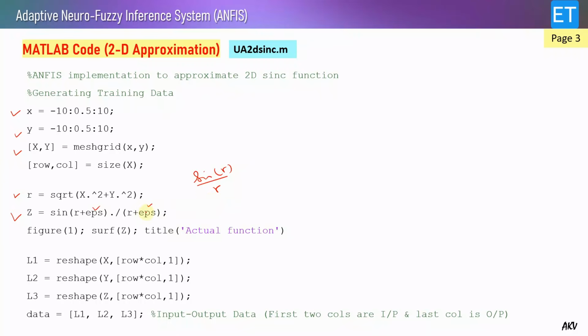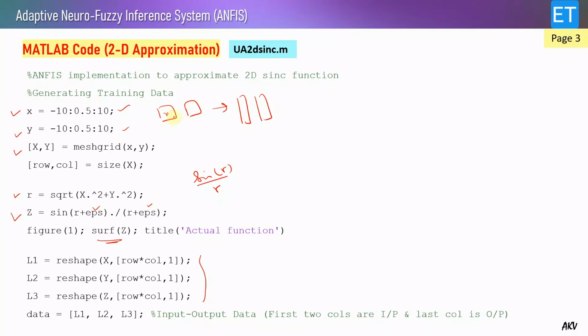So the EPS will avoid this error. I'm plotting this actual function with the help of the surf function. Then I'm preparing the data. Because these x and y are two-dimensional, I have converted them into columns.